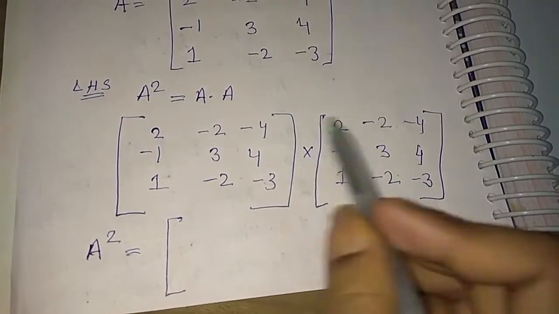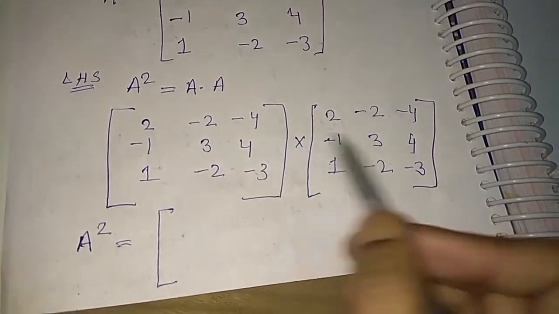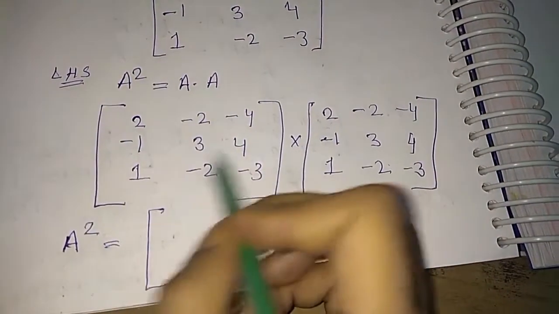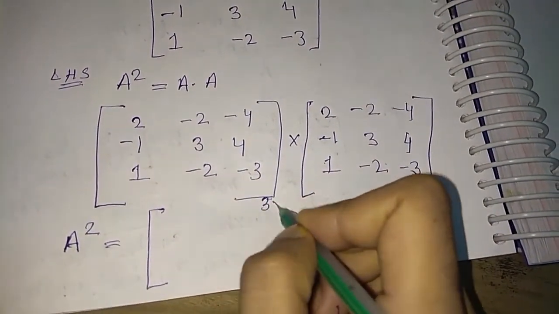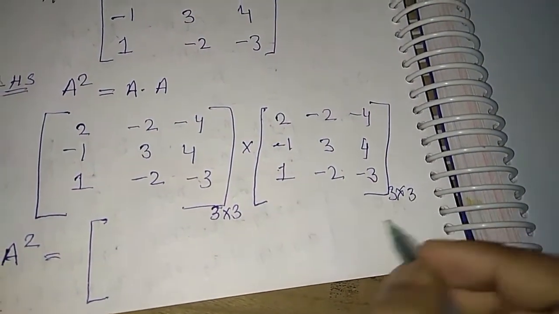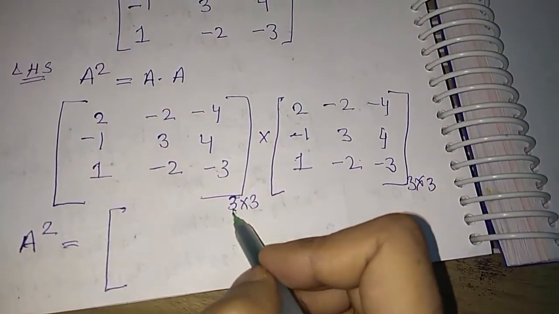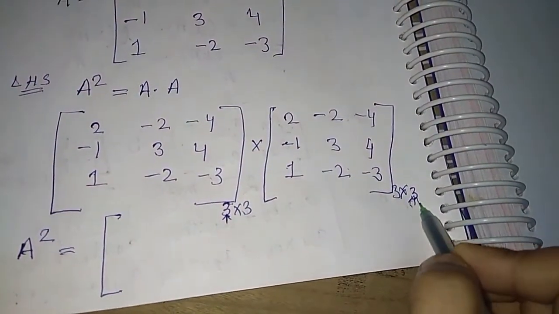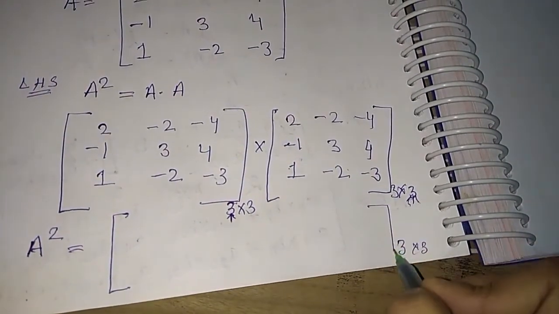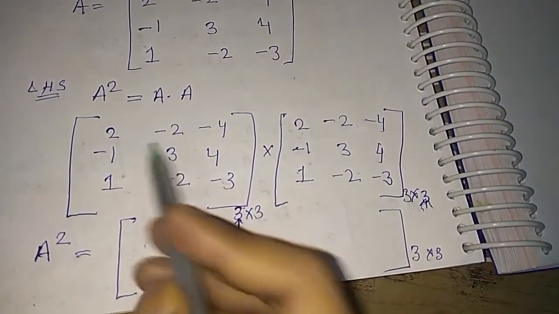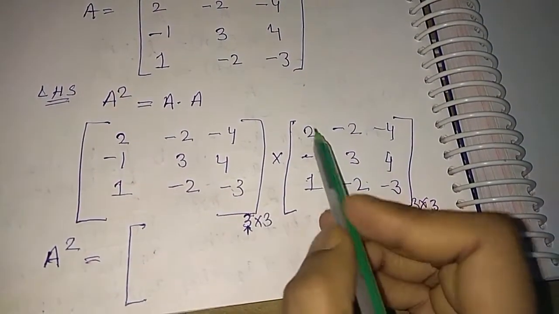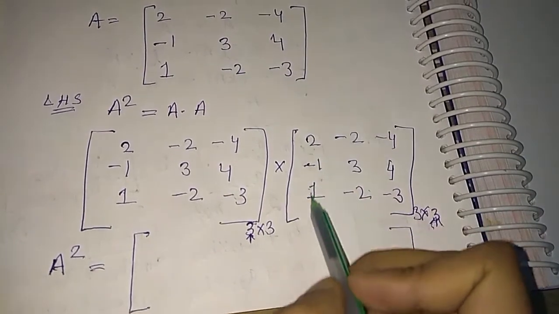Can you guess what the order of this multiplication result will be? Here this matrix has order 3 by 3, and the other matrix also has order 3 by 3, so the resultant matrix will be of order 3 cross 3. Let's solve it. For multiplication, we go with the row in the first matrix and the column in the other.